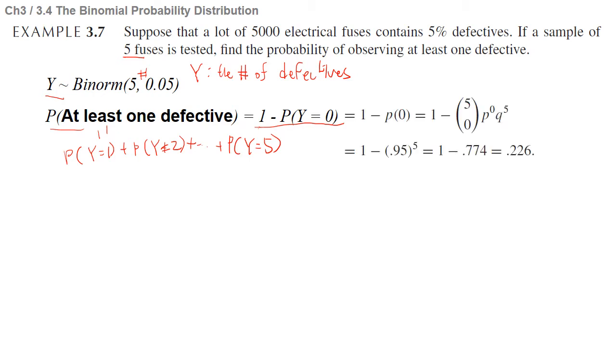So this is 1 minus p(0). And from the definition of binomial distribution, p(0) is 5 choose 0 times p to the 0 times q to the fifth, and this results in this number. Okay.